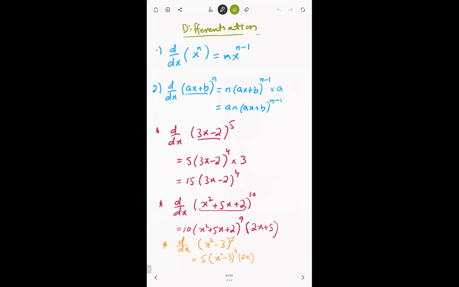But if it is multiplication or division, then you cannot differentiate separately. Only sum or difference can be differentiated separately. Then I told you that the differentiation of x is 1 and the differentiation of a constant number is always 0. Those constants which are coefficients, you don't have to differentiate. The coefficients will stay as they are.